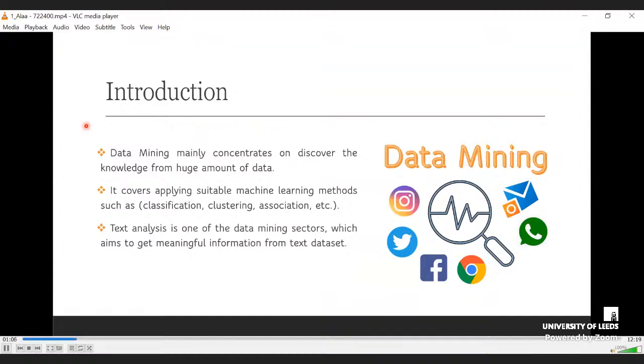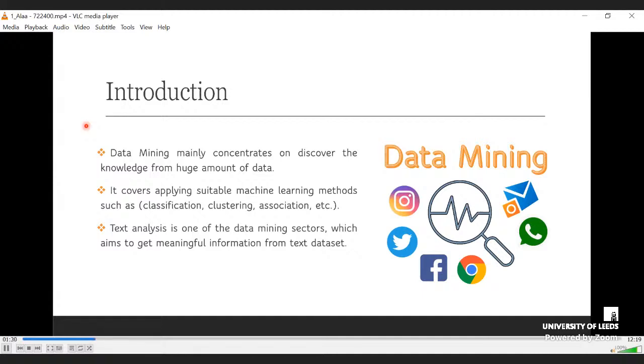We can see data around us everywhere, in emails, in websites, text messages, in social media such as Twitter, Facebook, and Instagram. It has different types, for example, text, sounds, and images.